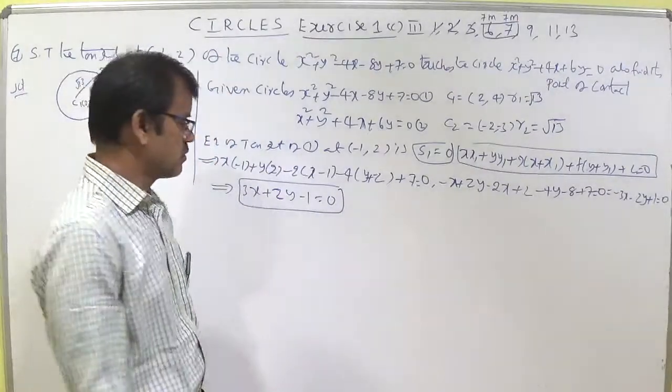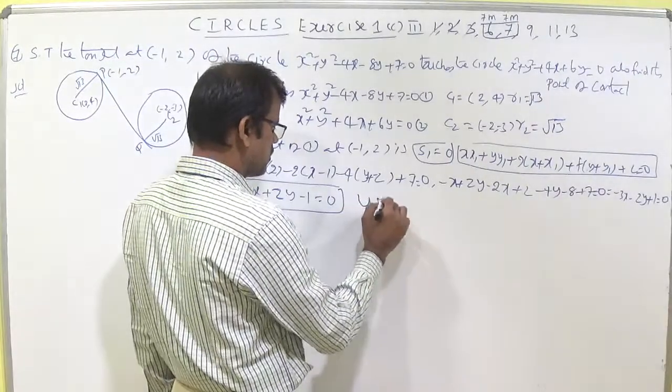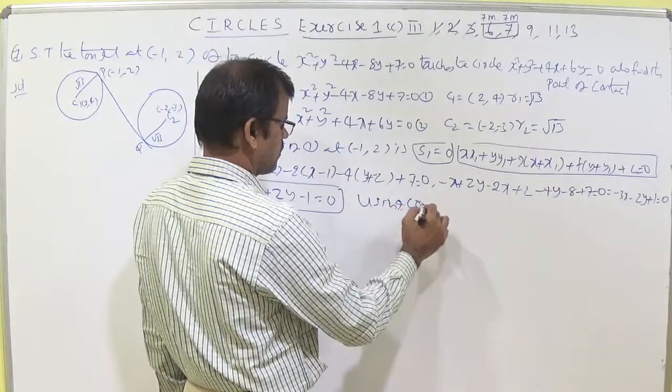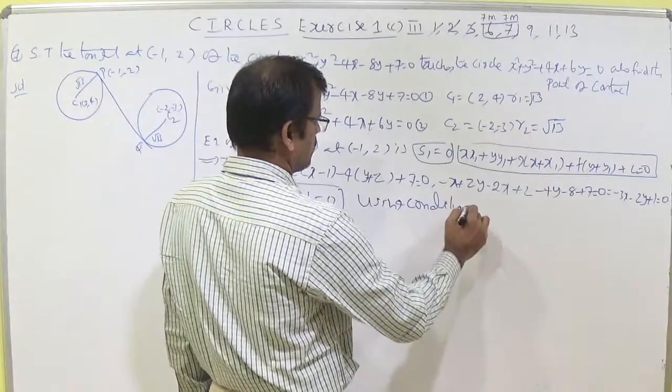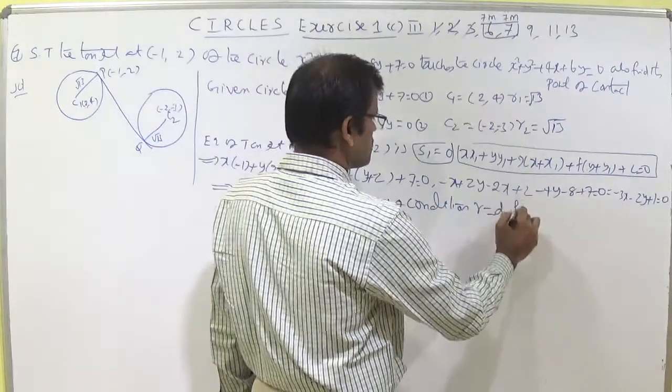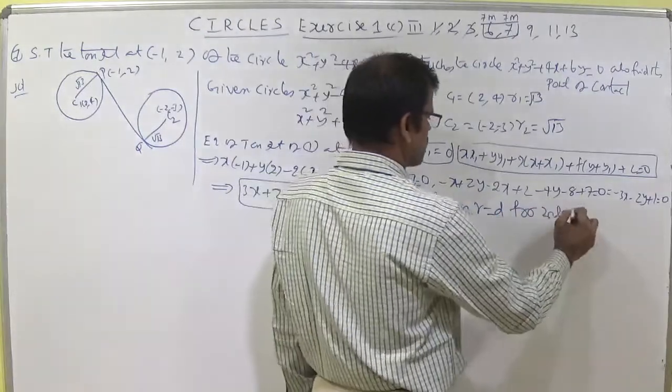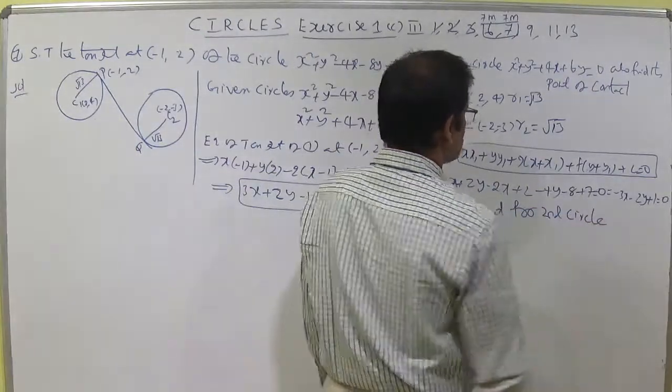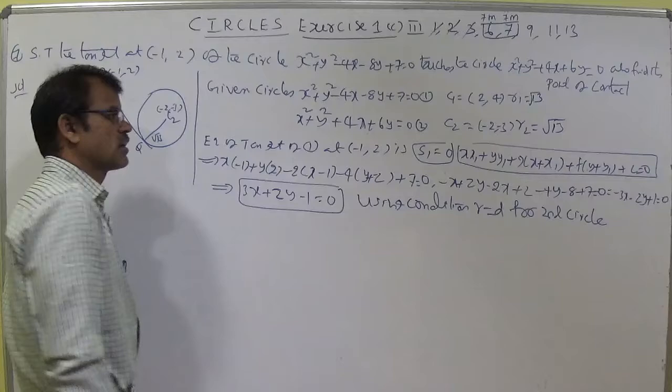condition r is equal to d. Using the condition r = d for the second circle, what is the second circle radius? Root 13.